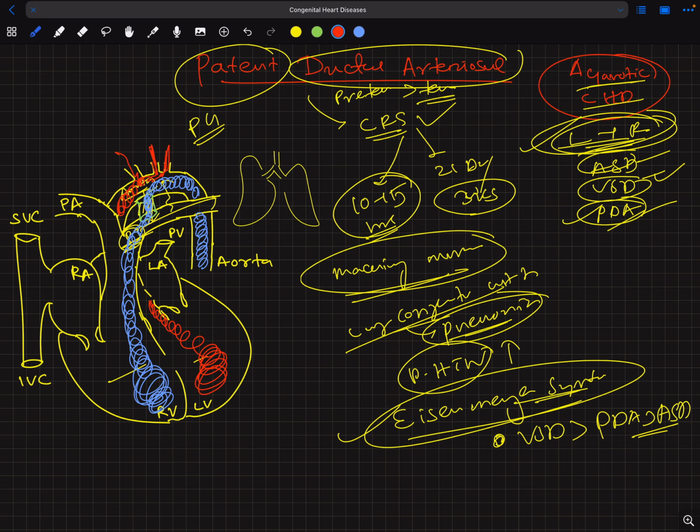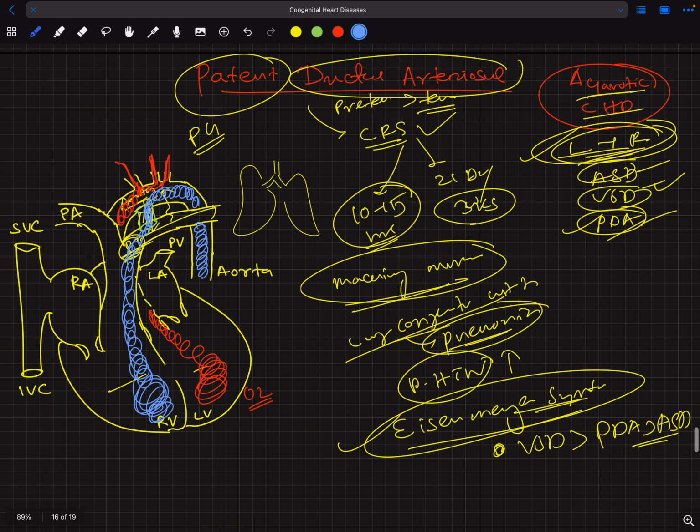So the head and neck and the upper limbs are supplied by oxygenated blood, and the lower part of the body is supplied by deoxygenated blood. This will lead to differential cyanosis, or differential clubbing can be seen in the long run. Cyanosis or clubbing is seen only in the lower part of the body.